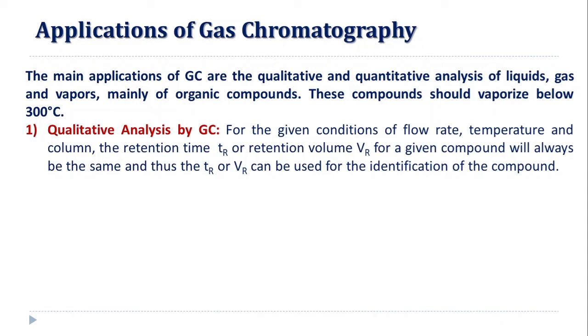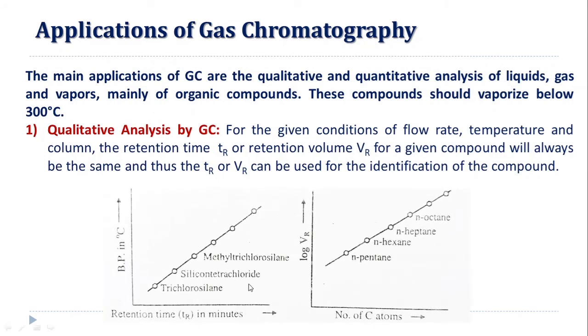Retention time as well as retention volume are characteristic properties of a particular compound. If the flow rate, temperature and column are constant, then the retention time for the particular component is also constant. That's why it can be used for identification. So this is the qualitative analysis by gas chromatography.